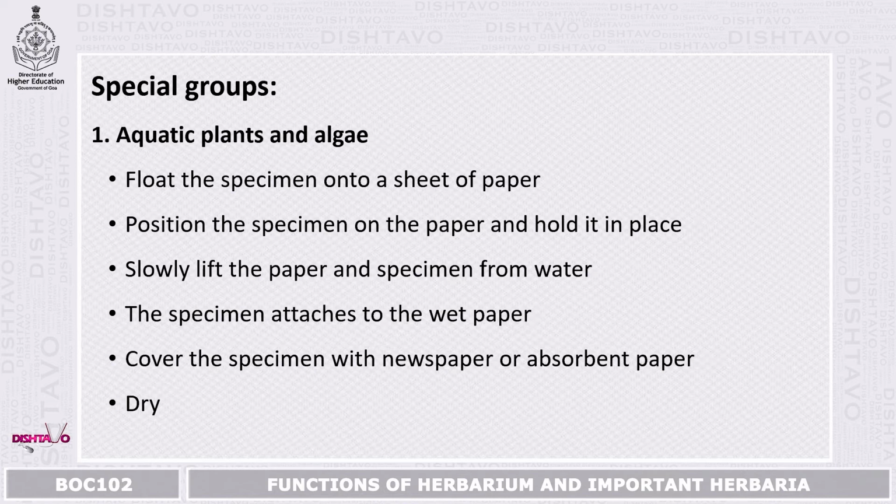Position the specimen on the paper and hold it in place. Slowly lift the paper and specimen with water. After this, the specimen attaches to the wet paper. Cover the specimen with newspaper or absorbent paper and keep it for drying.